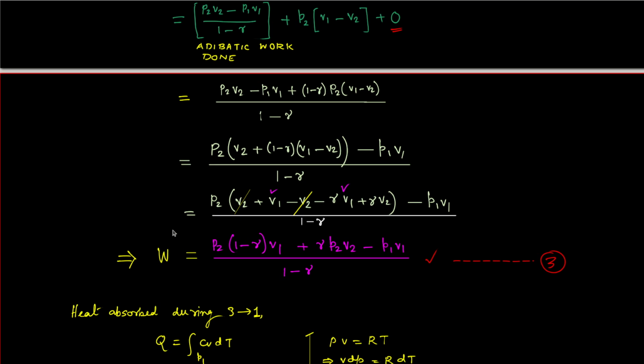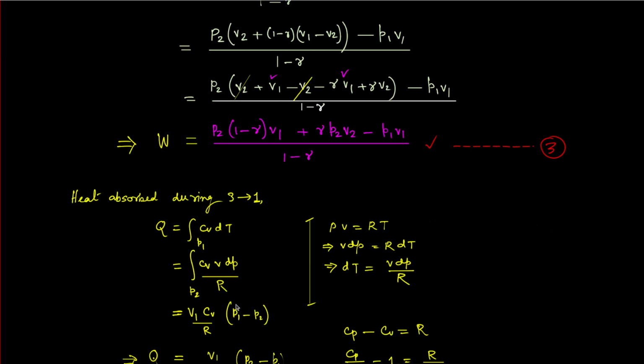Now, in order to calculate the efficiency, we need how much heat is absorbed. Heat absorbed is basically Cv dT, and from the ideal gas equation PV equals RT, V is constant, therefore V dP equals R dT and dT equals V dP by R. In 3 to 1 there is only heat absorption, because volume is fixed and pressure is increased.